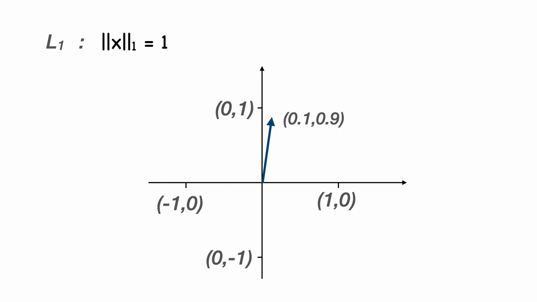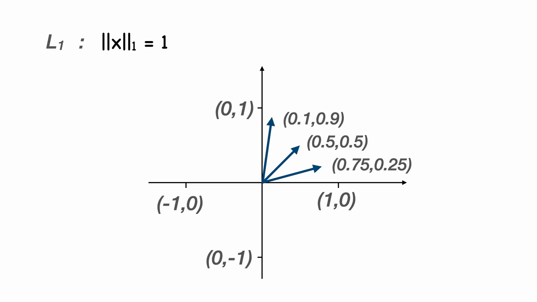And this will give us another vector with an L1 norm of 1. Carrying on with a couple more examples, if we have a y-coordinate of 0.5, then an x-coordinate of 0.5 will give us another vector with an L1 norm of 1. A vector with a y-coordinate of 0.25 with an x-coordinate of 0.75 will also give us a vector with an L1 norm of 1.